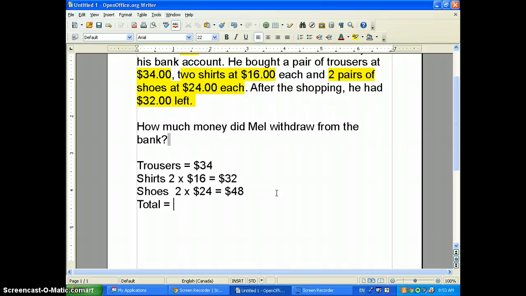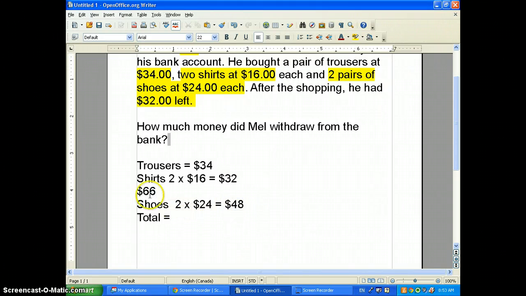So what I would do is just break it down simply. Add 34 to 32 first. 4 plus 2 is 6. 3 plus 3 is 6. So we know those two equal 66. So I will put 66 here. And now I need to add 66 and 48.